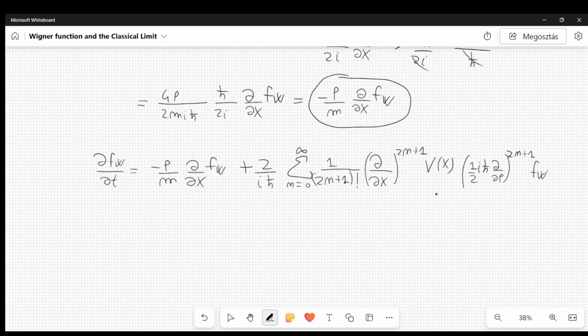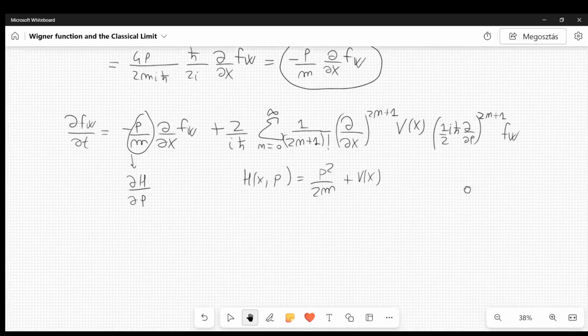But this is for a particle, so we know that the Hamiltonian, and so the classical Hamiltonian, if we think of the classical Hamiltonian as a function of space and momentum, would be written like this: p squared over 2m plus the potential energy, like this. So p over m here would be the derivative of the classical Hamiltonian with respect to momentum, because if you take this derivative with respect to momentum, you get p over m there.